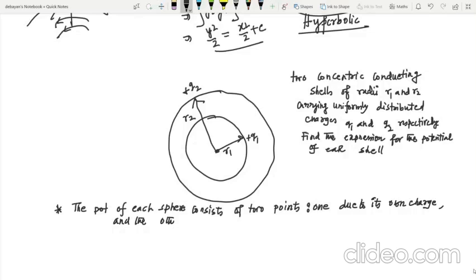So we use the principle of superposition.